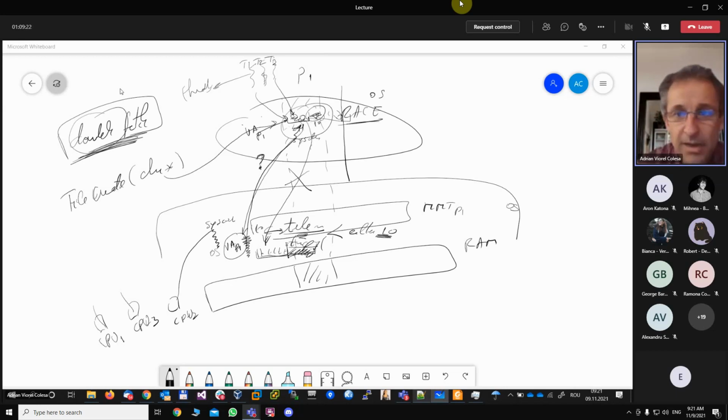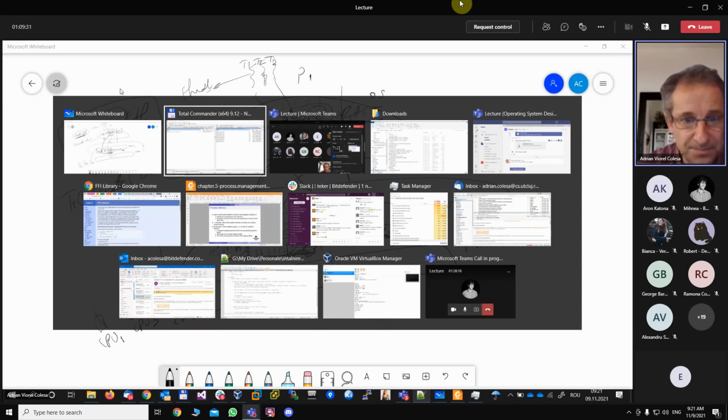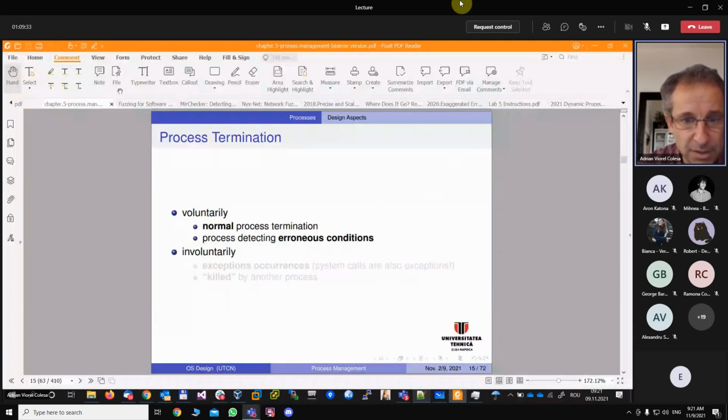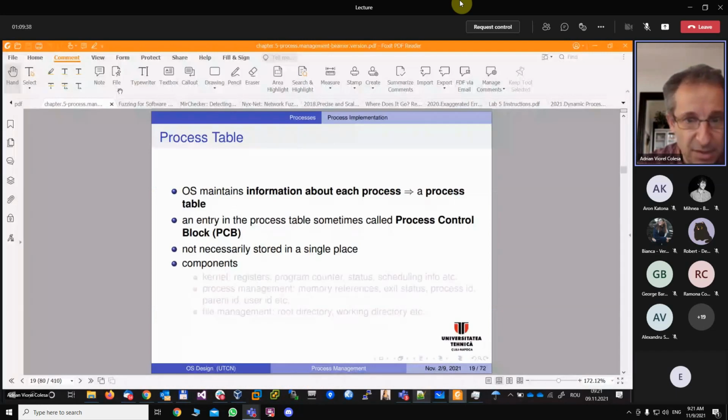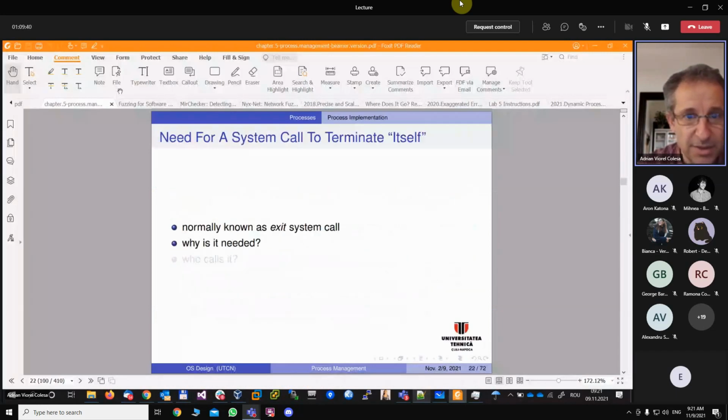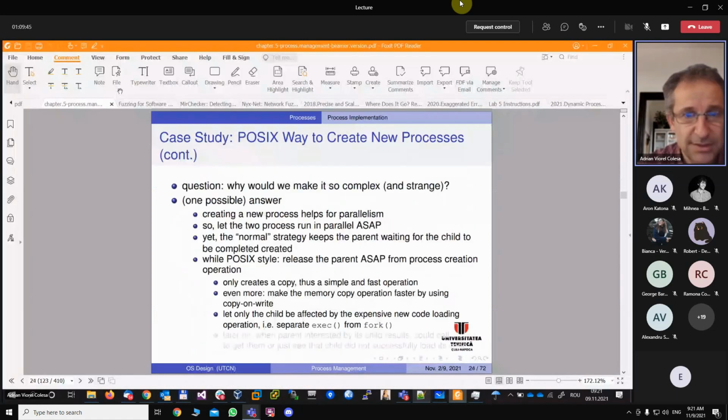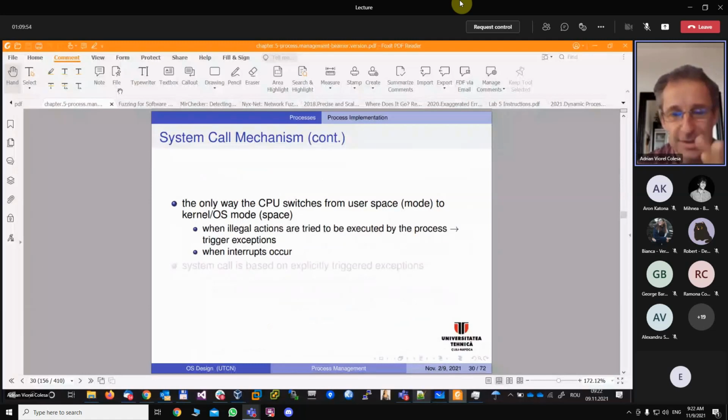So on the slides you are told about this somewhere, it doesn't matter exactly where. I skipped all these aspects, but I will go back to them at some moment, immediately, actually. On the slides, here is where we have discussions about system calls, how the system calls are performed.